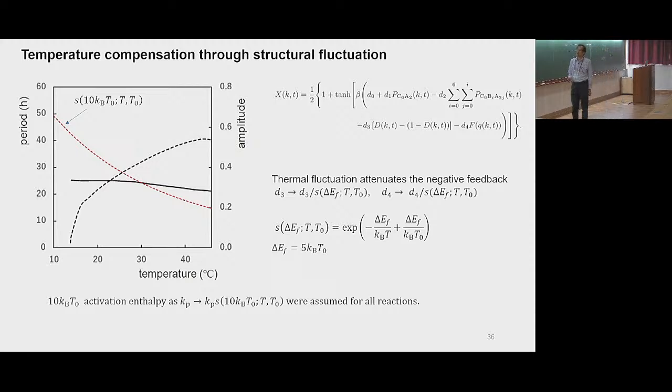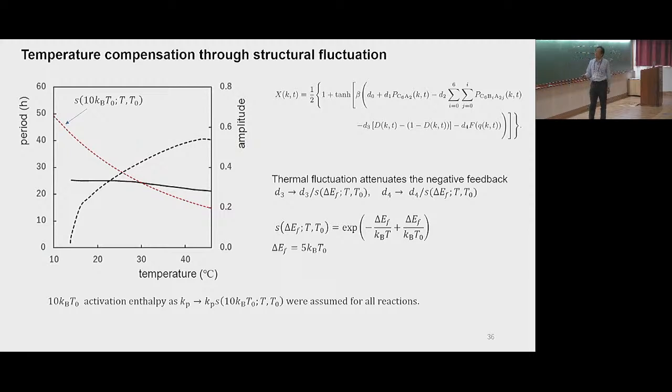Here, all other rate constants were assumed, as a simple assumption, to have an activation energy of 10 kBT. So without this thermal fluctuation effect, everything is rescaled with this 10 kBT activation energy. So this is almost similar to a change in the time scale.